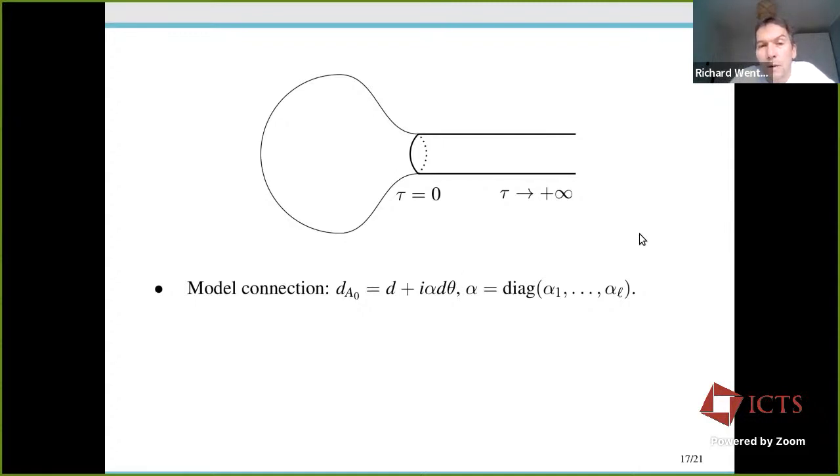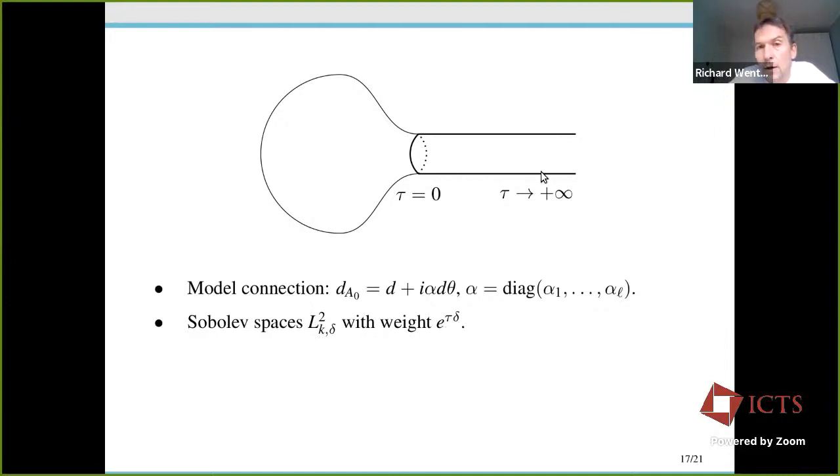Okay, so I start with a model connection of this type, and then I define Sobolev spaces by weighting the usual Sobolev spaces. This means K derivatives in L2. L2 is enough for us. We take all of the norms weighted by this particular function.